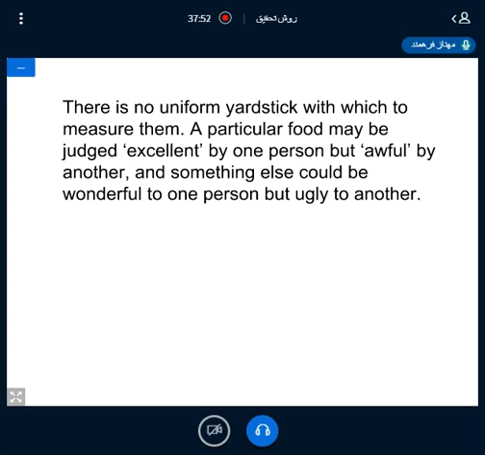A particular food may be judged excellent by one person but awful by another, and something else could be wonderful to one person but ugly to another person. So these traits are variable from one person to another person, and we call them variable.